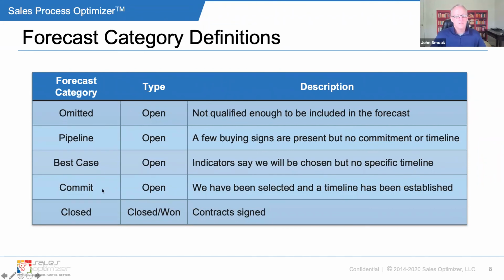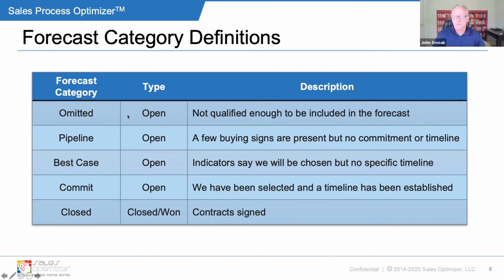I might also have a couple of opportunities at 80% probability that I have in the best case category. What it means is I have the same confidence level, 80%, that I'm going to close all of the deals. The two that I have in commit, I'm confident are going to close this month. The one or two that are in best case are probably going to push to next month. I might be able to, best case, pull them into this month. So that's what we're doing with these forecast categories.